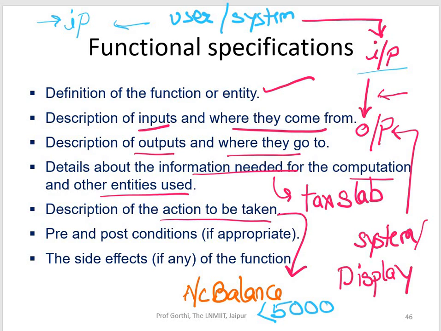In that case, if someone's account balance goes below this, there will be an action which will be triggered. That would be maybe a kind of penalty, or it can be a kind of reminder through SMS or emails. Then I also need to have the pre and post conditions if appropriate.